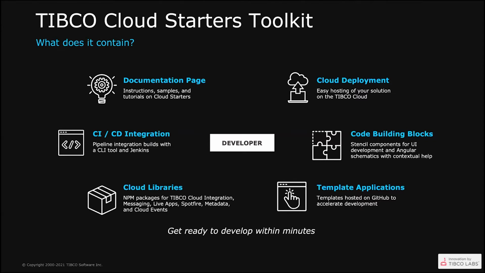And we also have building blocks in the form of components such as Stencil components and Angular components that you can use to create applications. We also use Angular schematics to help you create parts of applications to get you moving forward quickly. And of course, there's a whole series of documentation sites and all the CI/CD capabilities that we've talked about to help do integration builds and so forth with Jenkins.